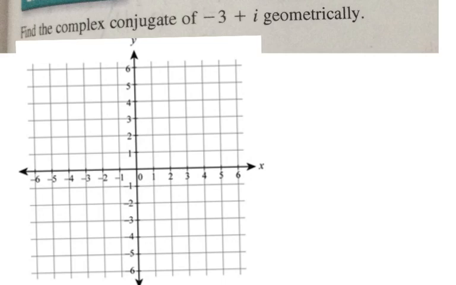So in this problem, -3 plus i, that would be represented by this vector. Right? I went left 3, up 1. Its complex conjugate would be -3 minus i.